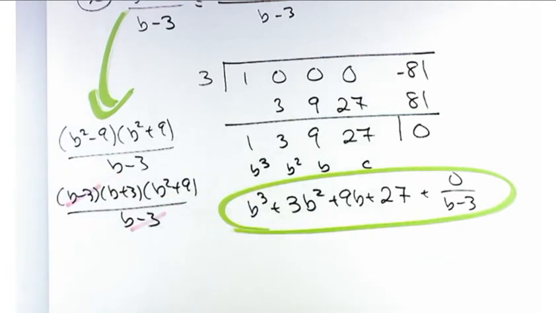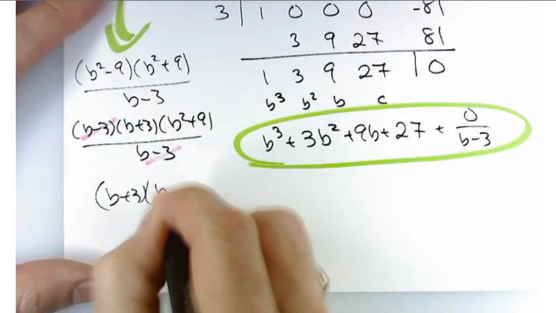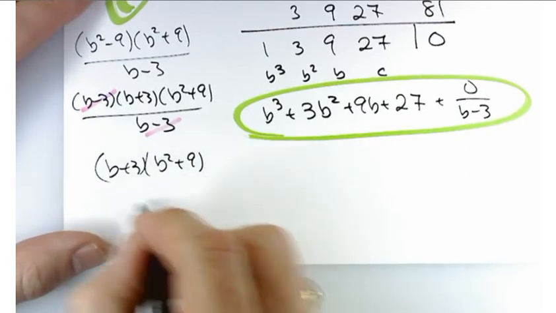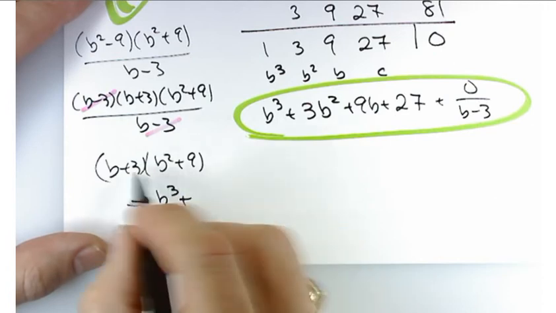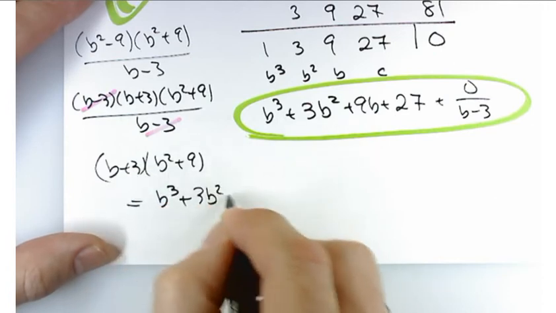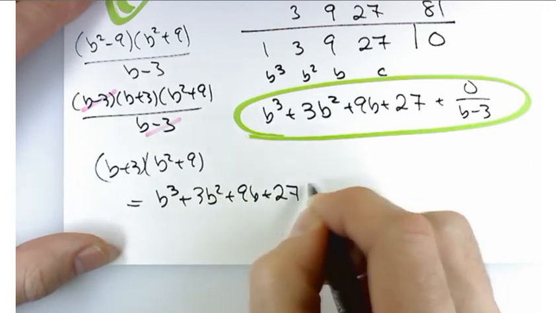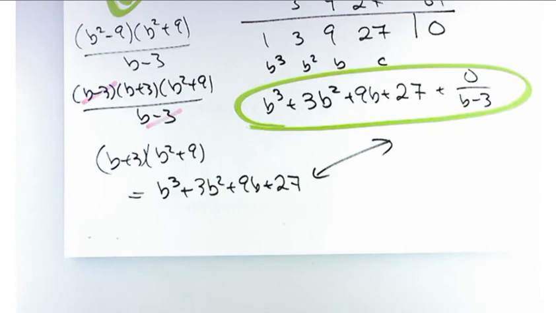B minus 3 cancels from both of these terms. I'm left with b plus 3 times b squared plus 9. And if you FOIL this out, we'll get b cubed plus 3b squared plus 9b plus 27. And hey, it's a pretty good match for what we got.